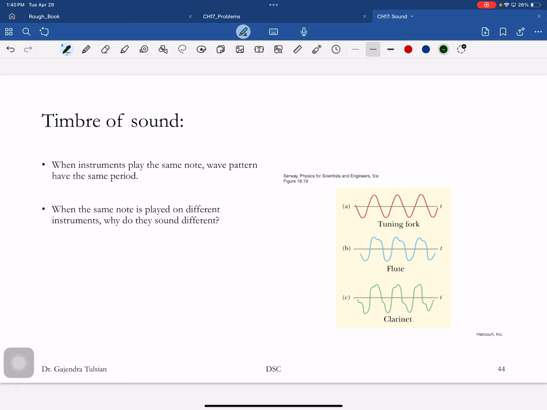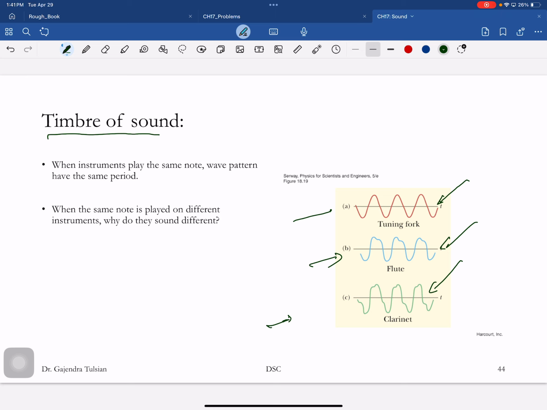Okay, now we'll understand what this means. This is a tuning fork, this is a flute, this is a clarinet, all playing the same note, let's say C note or whatever. And they all sound different, and you can see that the waveforms are different. So what's going on?